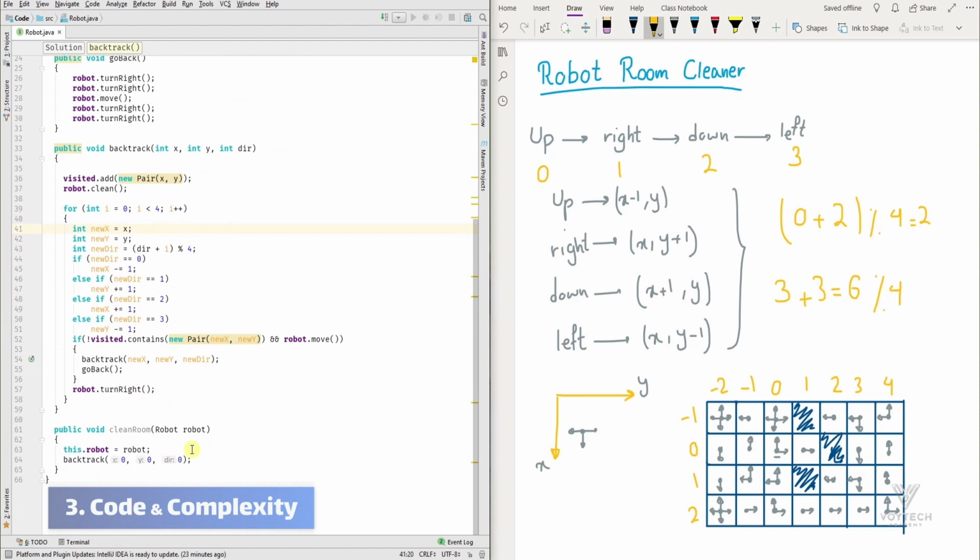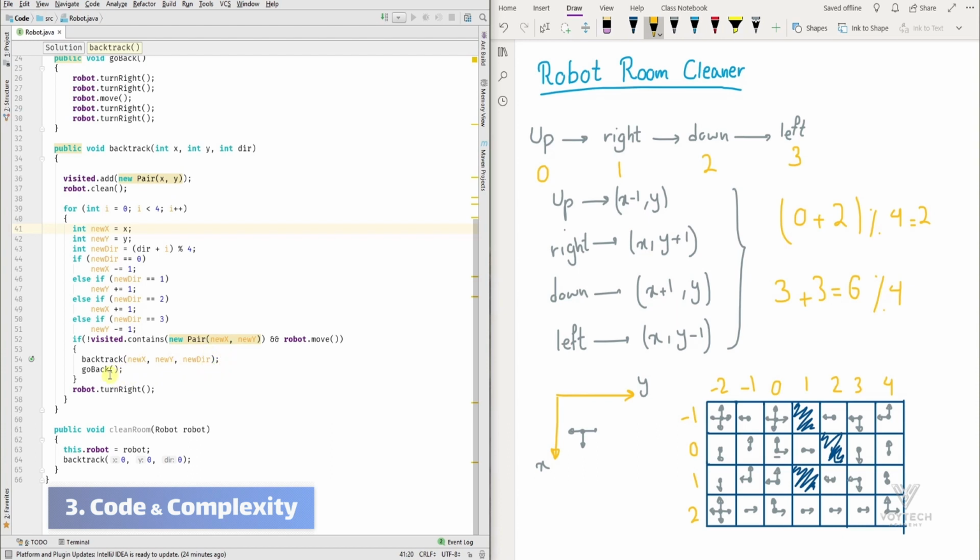So if both of these conditions hold, we call backtrack for the movement of the robot. So the robot finds a new direction and new position to go there. Also pay attention that this is a recursive call, and in this recursive call, we find new cells and new paths for the robot. And when it hits an obstacle, it exits from backtrack.